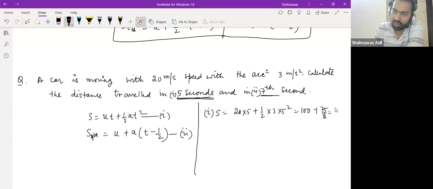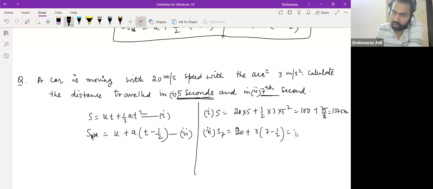This is how much? 137.5 meters. Right, and the second question is what is 7? So this would be what? 20 plus 3 and 7 minus 1.